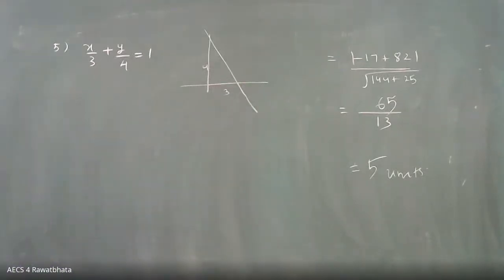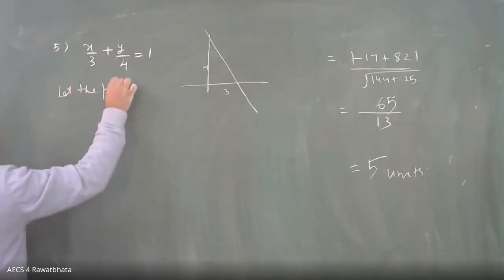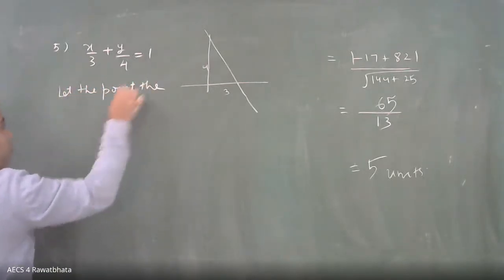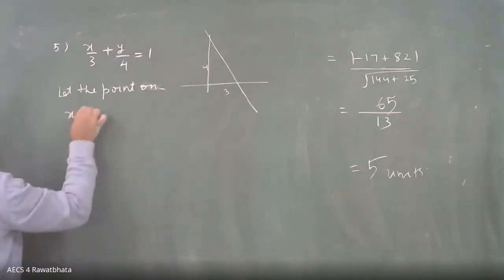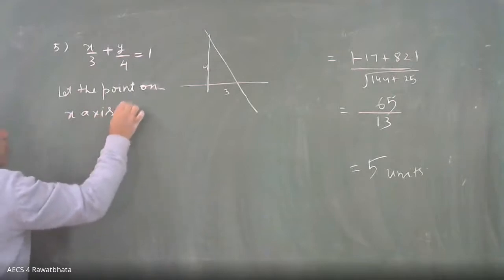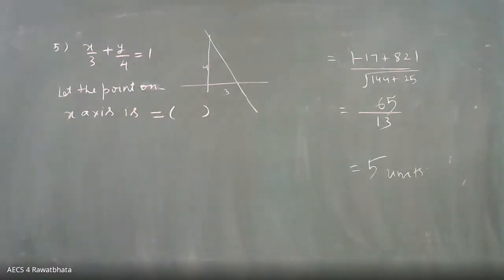Okay. Sanvi, how to assume a point on the x-axis? I will assume, let the point on the x-axis be, what coordinates can I assume? Sanvi?